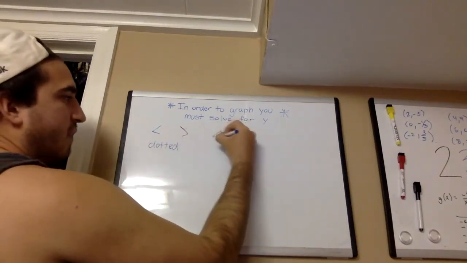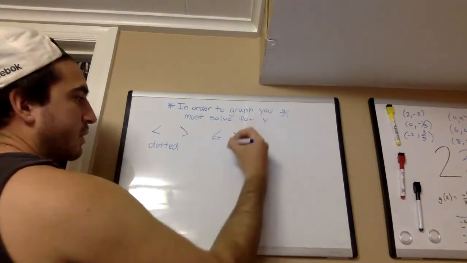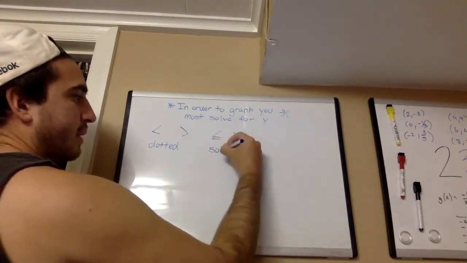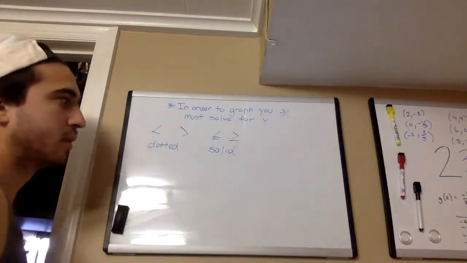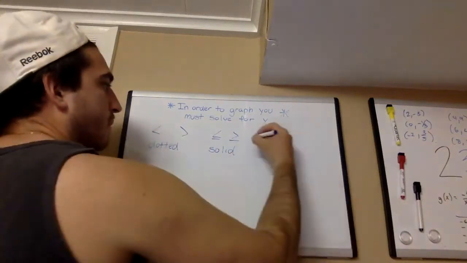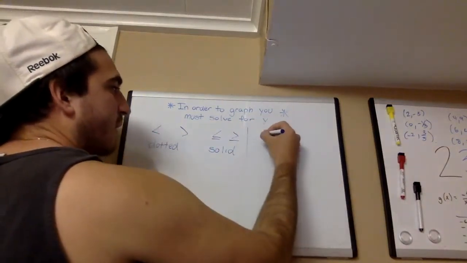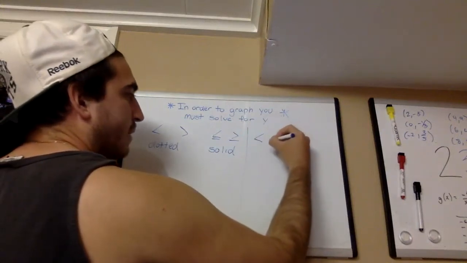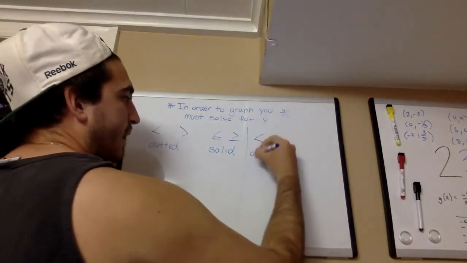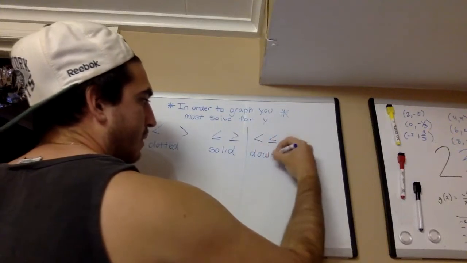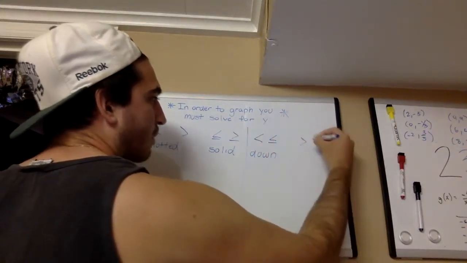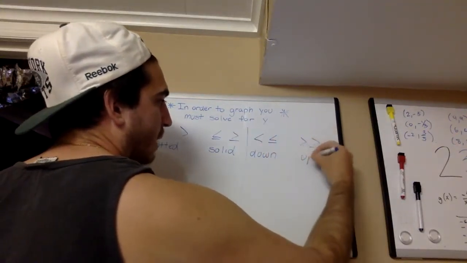If you have less than or equal to or greater than or equal to, you're going to have a solid line. Furthermore, if you have less than or equal to, you're going to be shading down, and if you have greater than or equal to, you're going to be shading up.